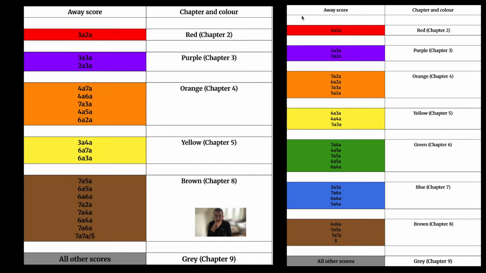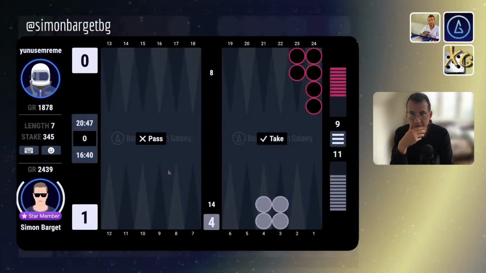It would be one of the higher color bandings. But I think this is a pass anyway, so we've got 3 rolls. And I think I would pass this at 7 away, 7 away.